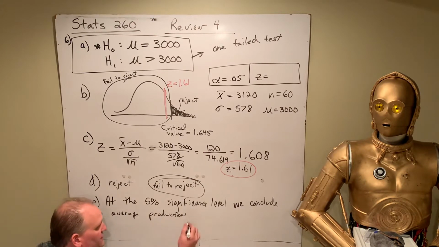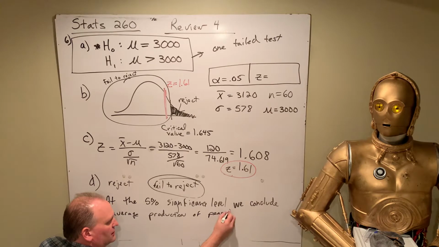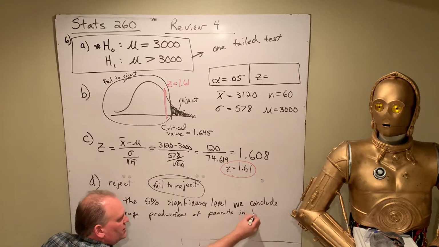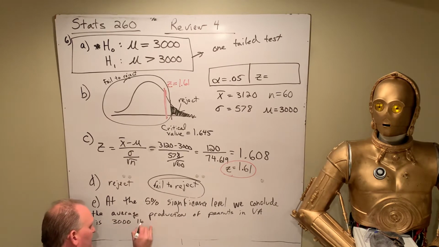So the average production of peanuts in Virginia is 3,000 pounds per acre.